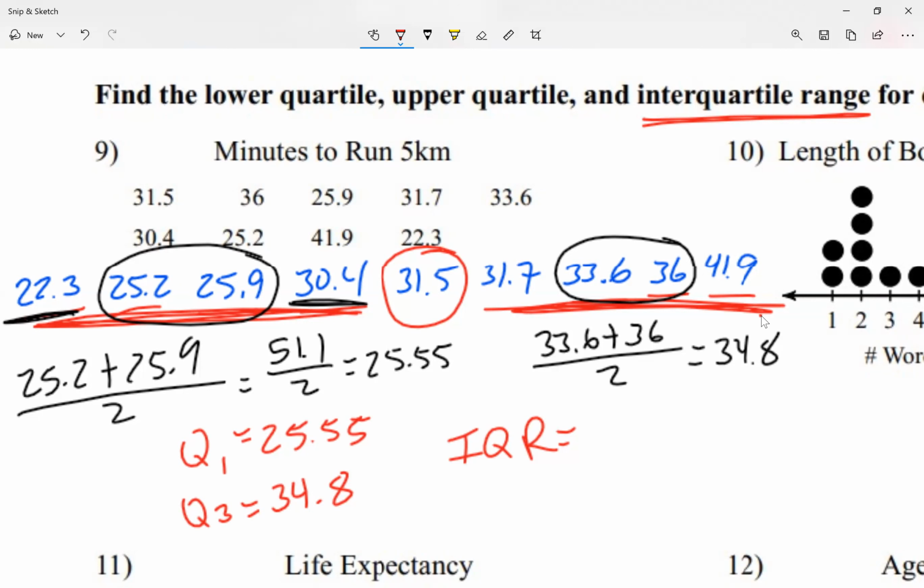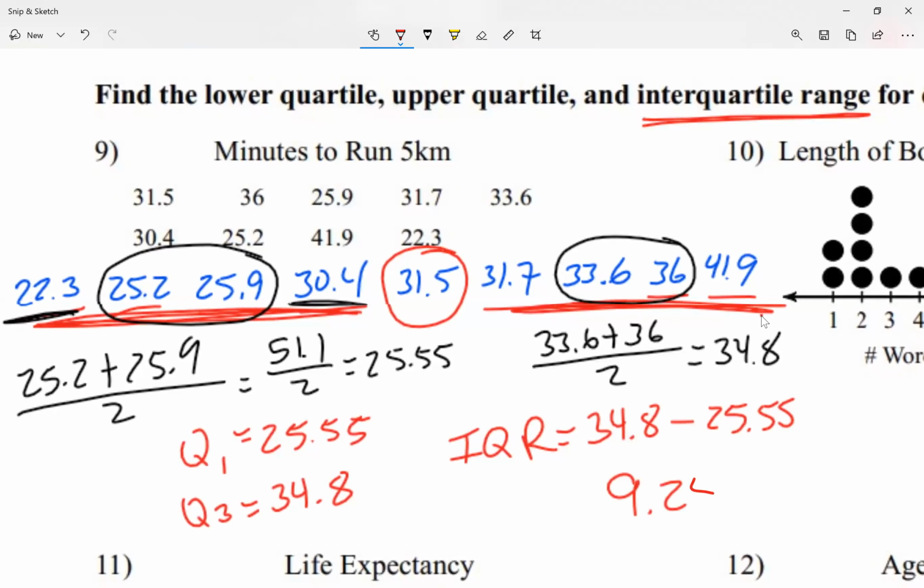Okay, so what did you say? I'm going to go 34.8, so quartile 3, minus 25.55, which is quartile 1. So again, I'm going 34.8 minus 25.55. In my case, I happen to get 9.25.